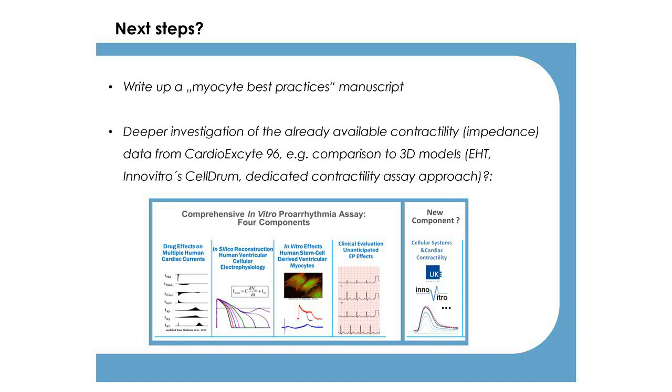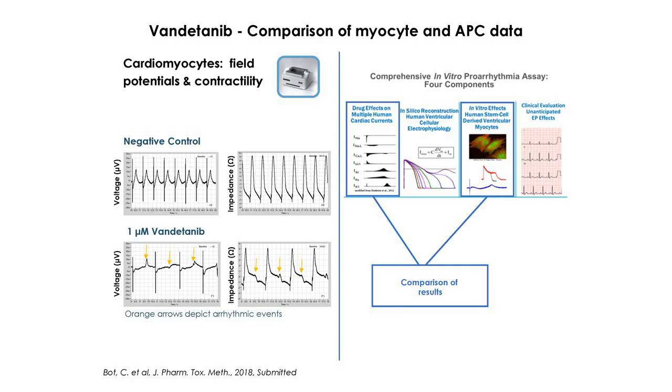So I'm just going to show you a couple of examples here. So this is the field potential traces in negative control and the impedance traces in negative control, and in the presence of 1 micromolar vandetanib. Here you see arrhythmias in both the traces.